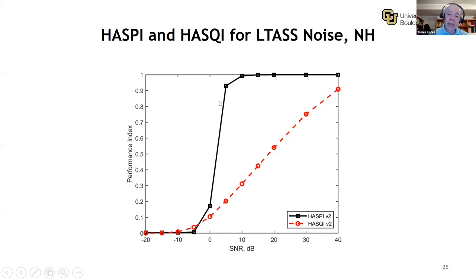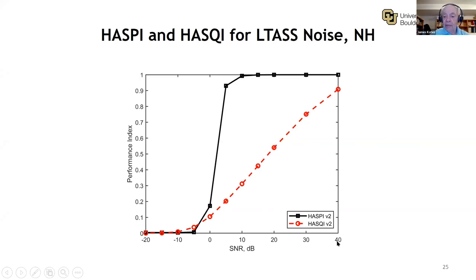If we look at intelligibility predicted and quality predicted as a function of signal to noise ratio for long-term average speech spectrum shaped noise, we can see that intelligibility changes very rapidly. From -10 to 10 dB SNR, we go from no intelligibility to perfect intelligibility, whereas the quality changes much more gradually.